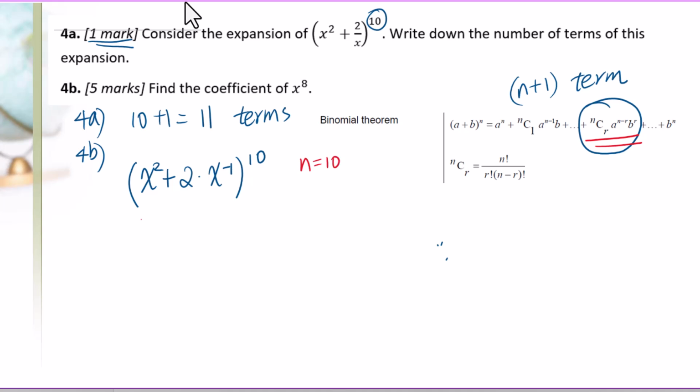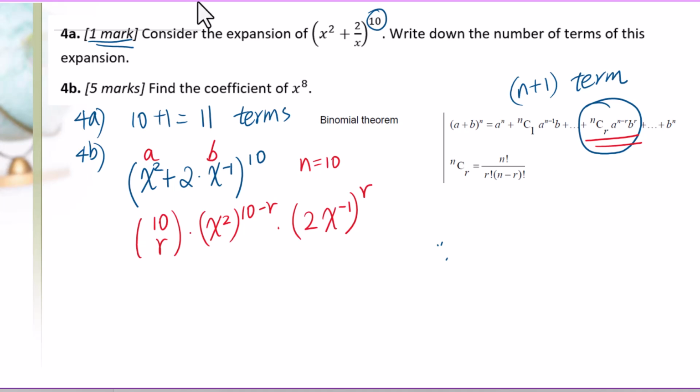So we have 10 choose r times, this is a, this is b, (x squared) to the power of 10 minus r times (2x to the negative first power) to the power of r.